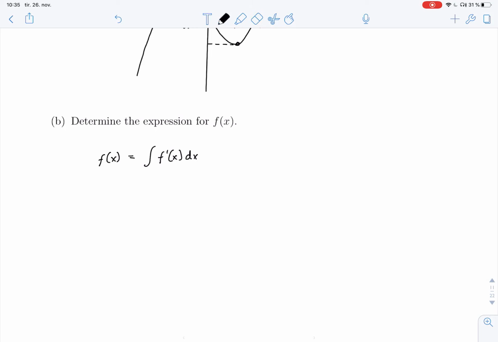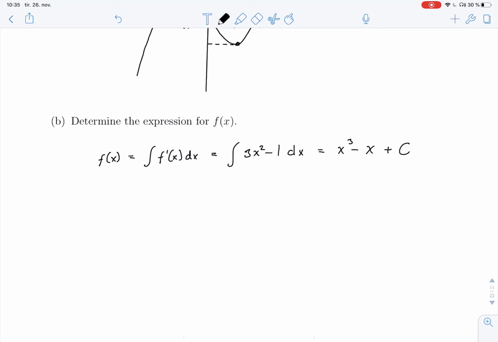Okay, so we simply need to insert the derivative that we were given, and that's x to the third minus x, and then we have this integration constant.